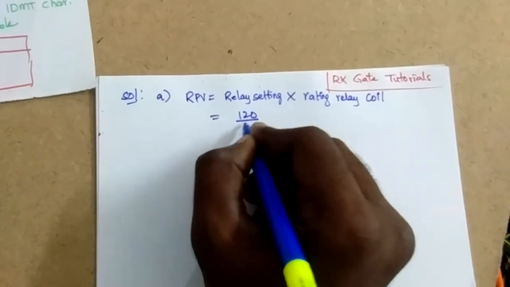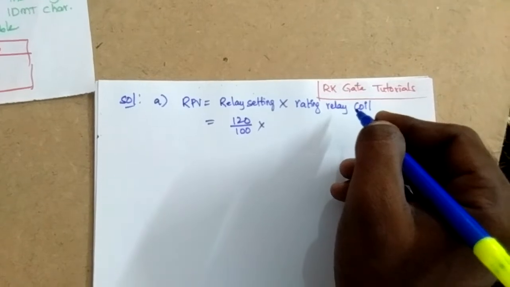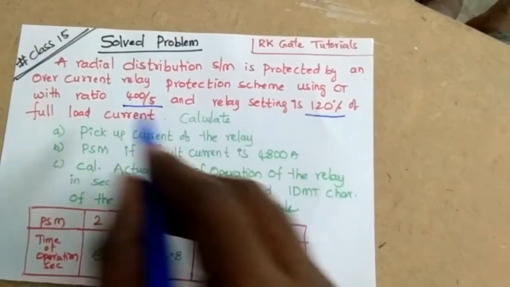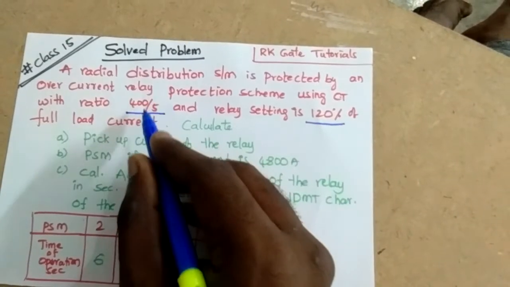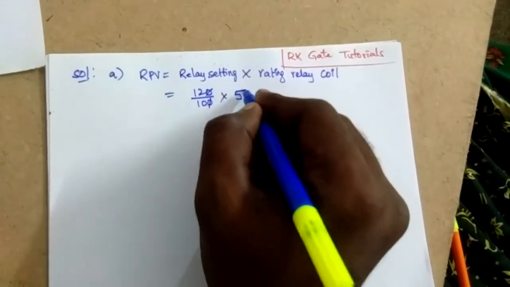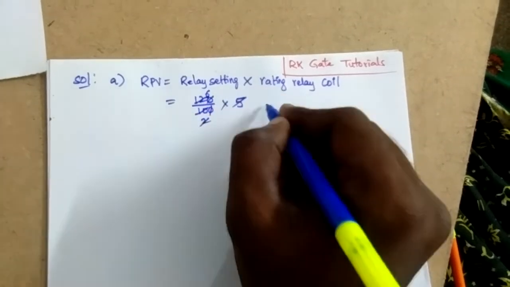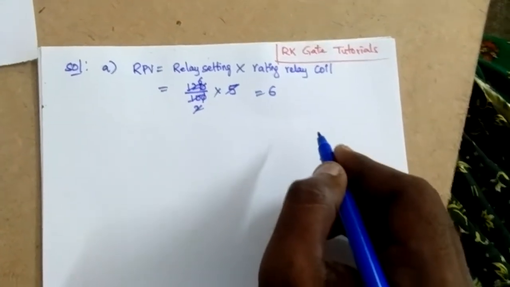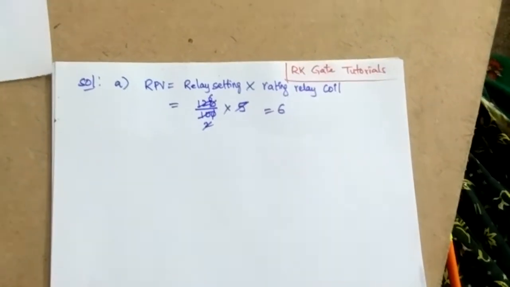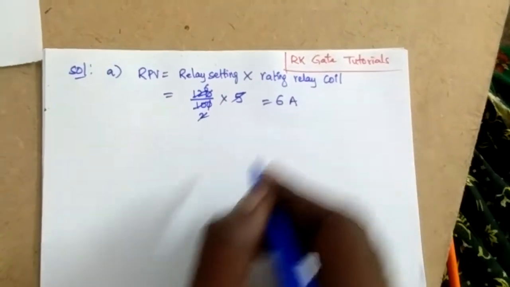So that is 120 by 100 multiplied by the rating of the relay. What is the rating of the relay here? The rating of the relay is not given. If the rating of the relay is not given, simply take the secondary of the CT as the rating of the relay. So on simple arithmetic you will get 6 as RPV. The relay pickup value is 6 amps. I hope you get this.